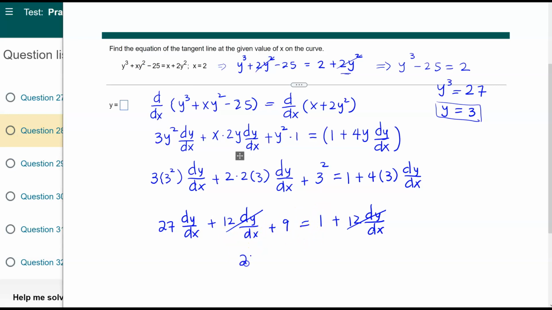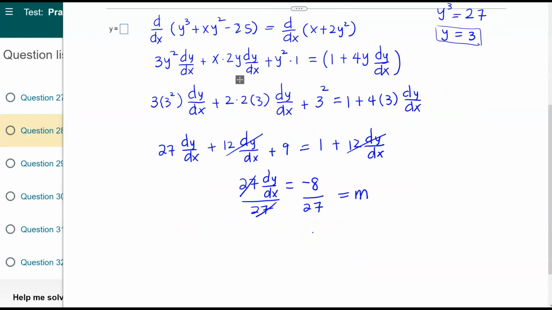So you will have 27 dy dx is equal to 1 minus 9, and that is negative 8. Then now you just divide both sides by 27. So dy dx is equal to negative 8 over 27. That is the slope of the line.